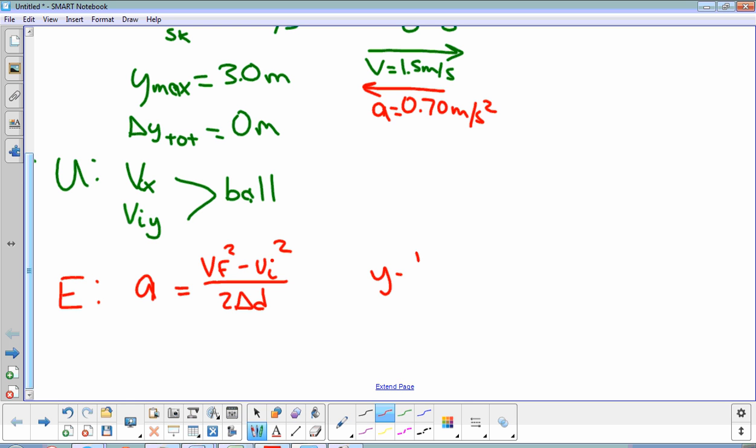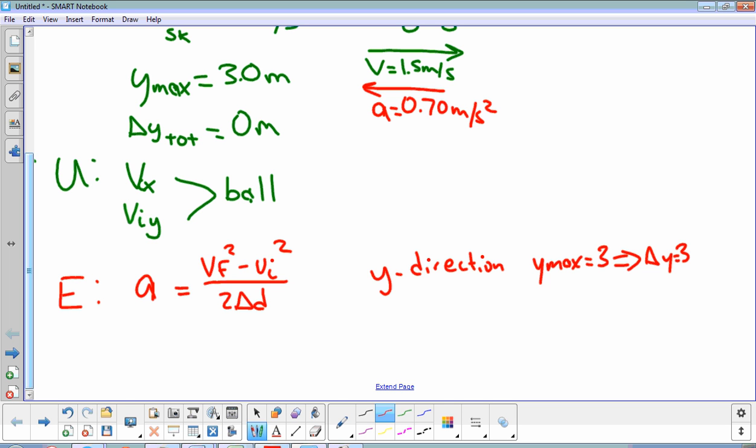I'm going to solve this in the y direction for when y max equals 3. So that means my delta y is 3.